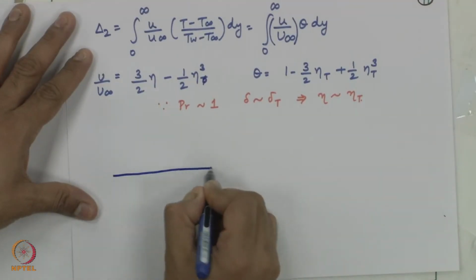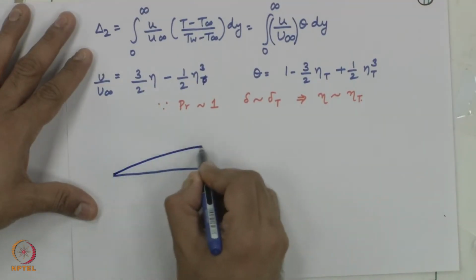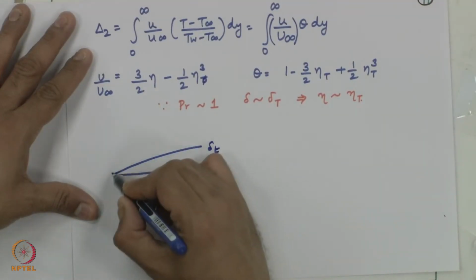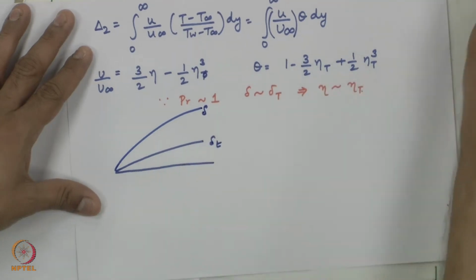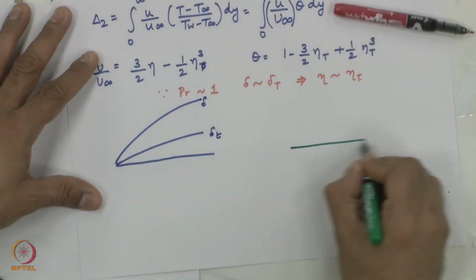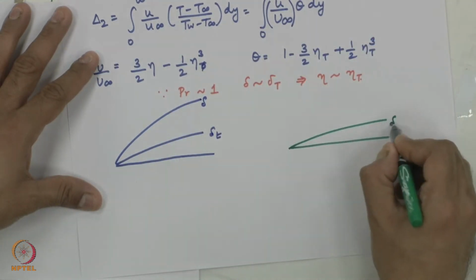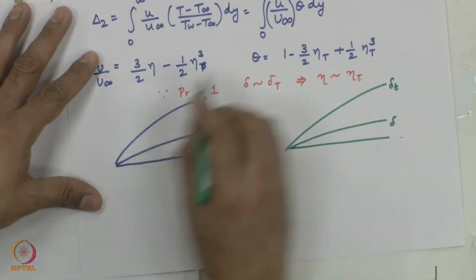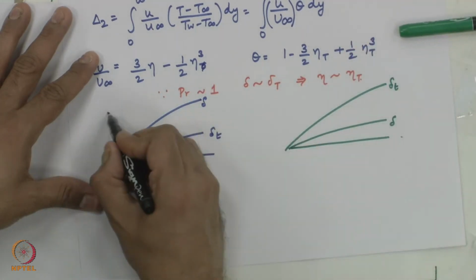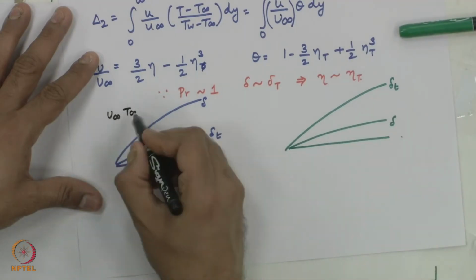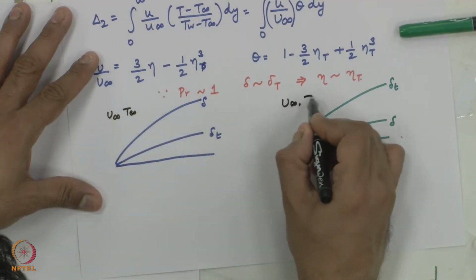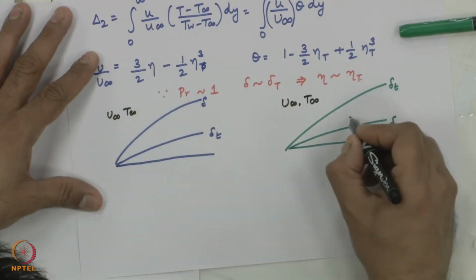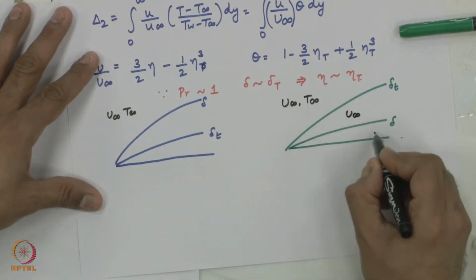So, if I take this flat plate and I have delta t like this, delta like this, or I have a flat plate and this is my delta and this is my delta t. Free stream here, it is u infinity, T infinity. Here it is u infinity because the boundary layer ends here.